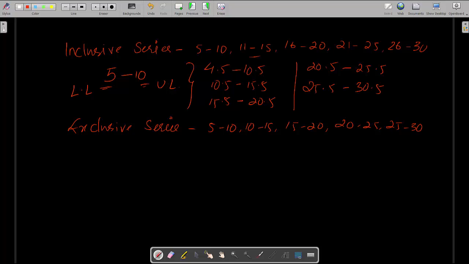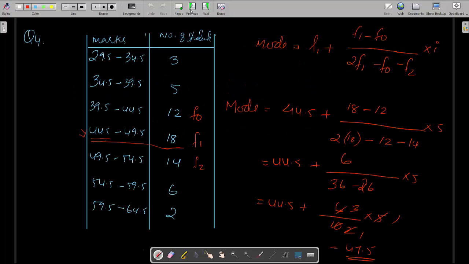And after doing so, you can start calculating it. So every time you find an inclusive series, you first have to make it exclusive and then start calculating it, okay? This is what we did here in question number 4.